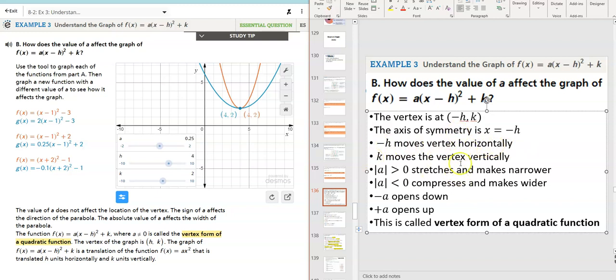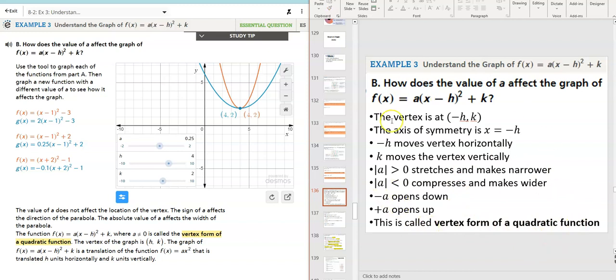K moves the vertex vertically, up and down. The absolute value of a, if it's greater than 1, stretches or makes my parabola narrower. The absolute value of a, if it's less than 1, compresses or makes it wider. If a is negative, we open down, and if a is positive, we open up. All of this whole equation right here is the vertex form of a quadratic function.